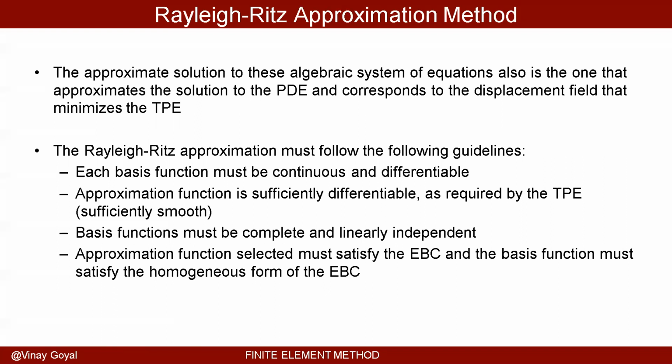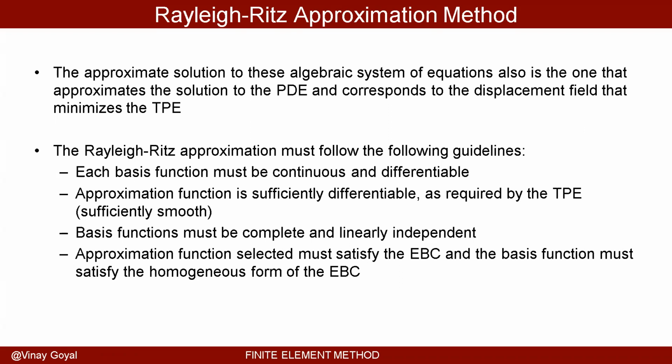The Rayleigh-Ritz approximation has to follow the same guidelines as the weak form Galerkin. Remember, the strong form Galerkin required the approximation function to meet and satisfy exactly the essential and natural boundary conditions. In the Rayleigh-Ritz approximation method, each basis function must be continuous and differentiable. The approximation function has to be sufficiently differentiable.